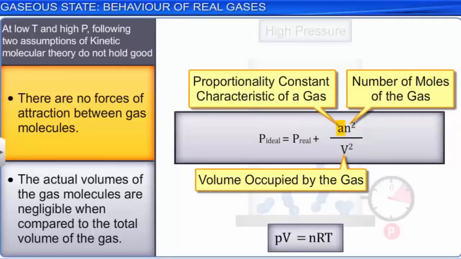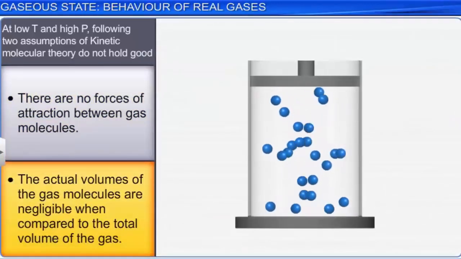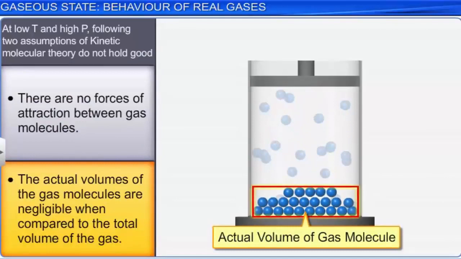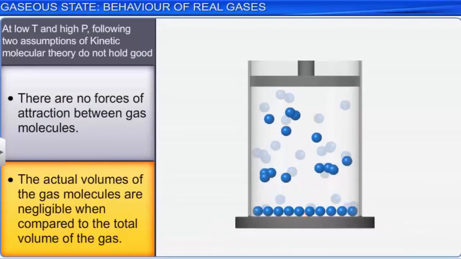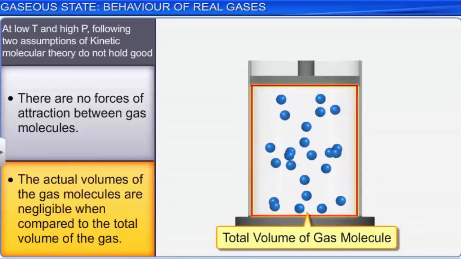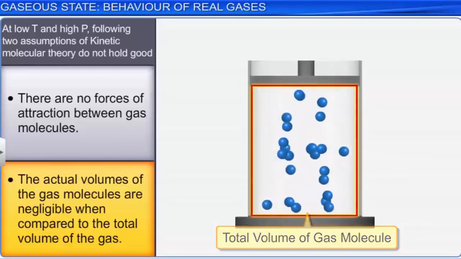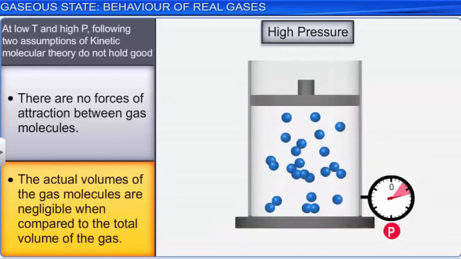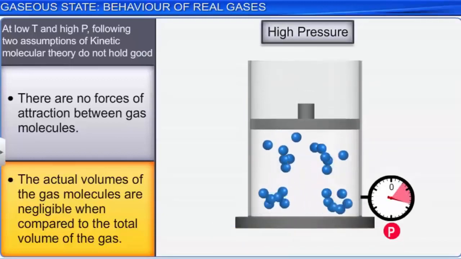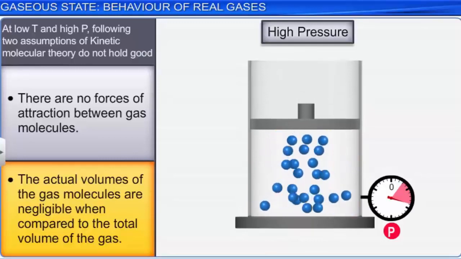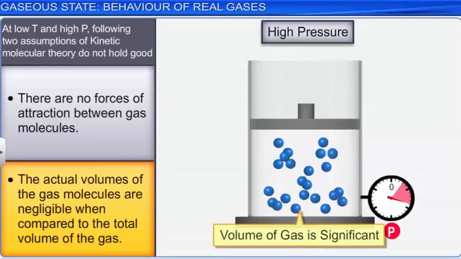In the second assumption, the actual volume of the gas molecules is negligible when compared to the total volume of the gas, which is valid only at very low pressure. But at high pressure, the molecules are restricted to move around in less volume, and hence the volume occupied by the molecules themselves becomes significant.